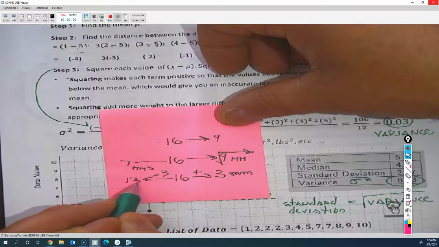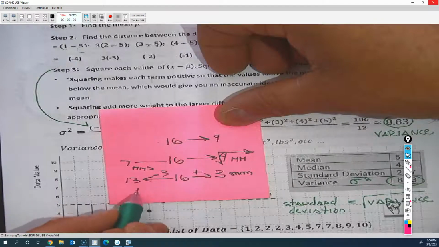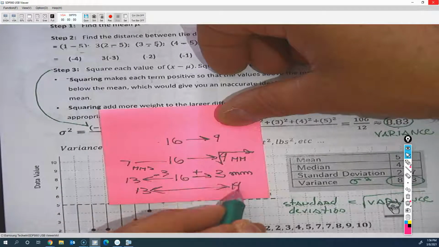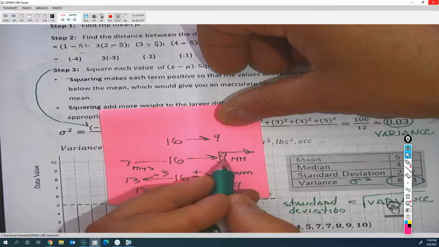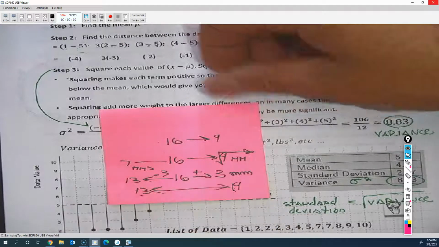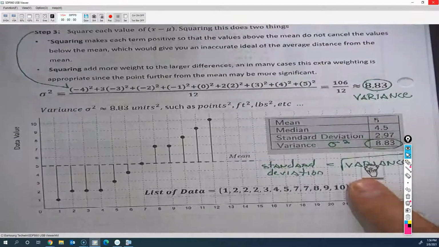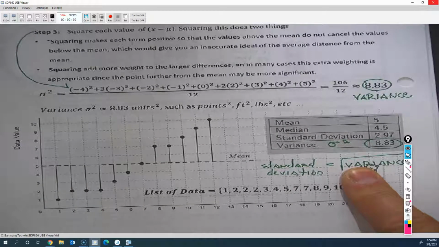And that gives me what I'm going to find in most bags. There's going to be between 13 and 19 M&Ms. You can't add M&Ms squared to something. So that's why you have to take the square root of the variance.